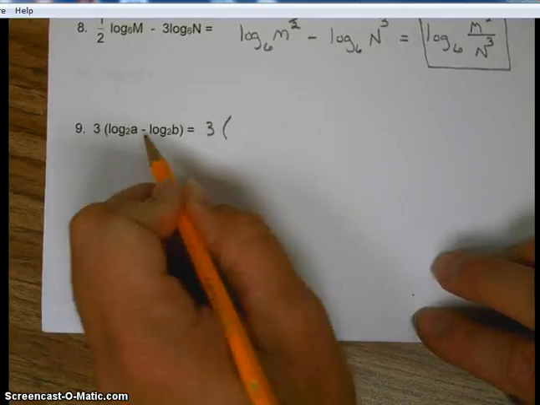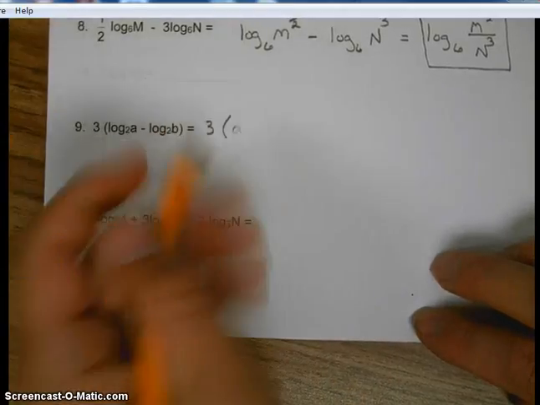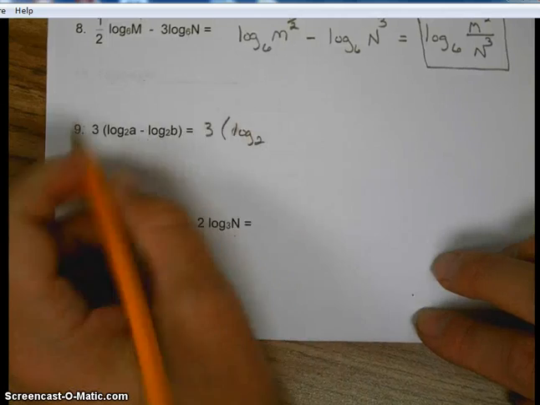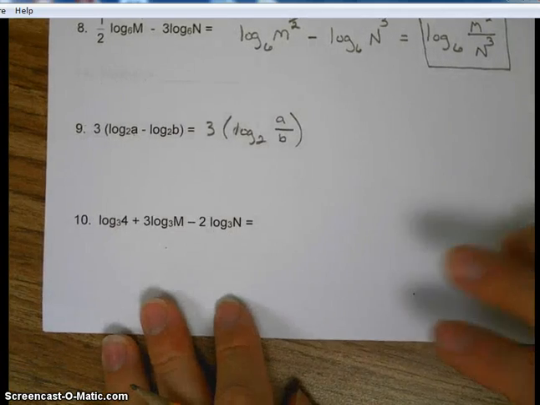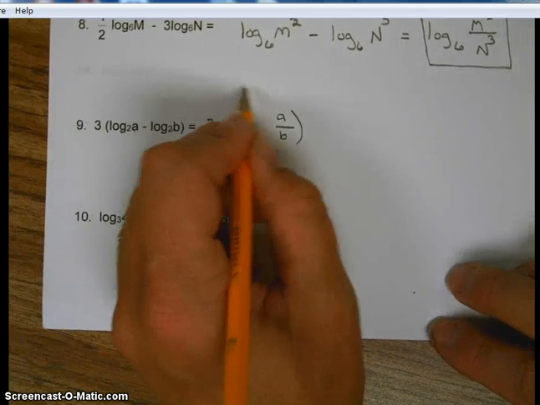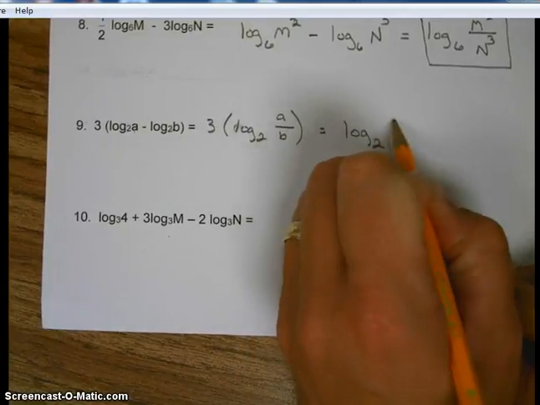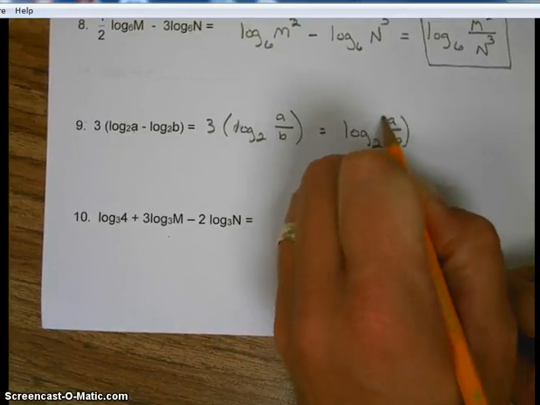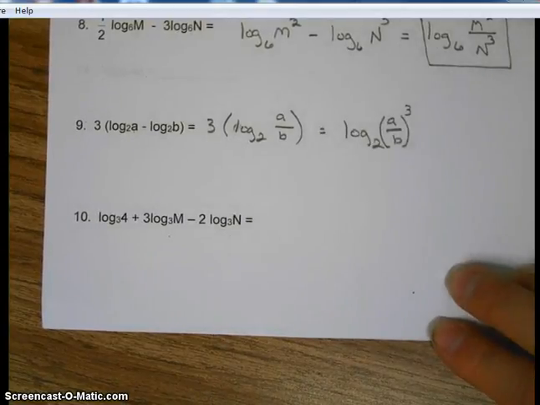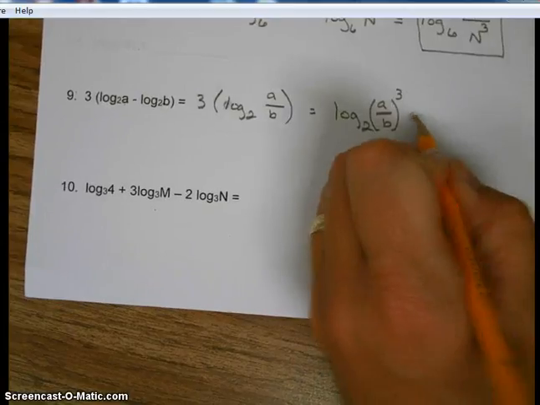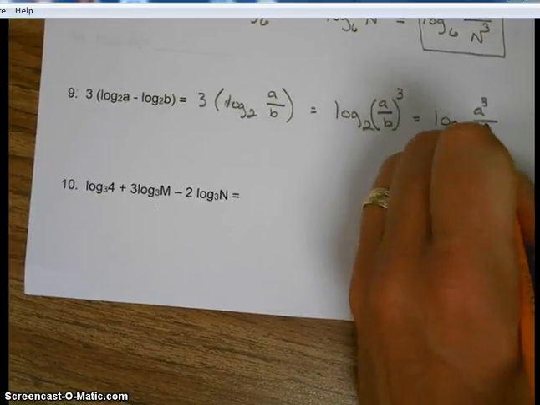So it's subtraction, so we're going to divide, log base 2, and we're going to divide a over b. Okay, now this is going to go up on top, so we're going to have log base 2 of a over b. I'm going to go ahead and put that in parentheses because the 3 needs to go on both of them. Now I could rewrite this as a cubed over b cubed.